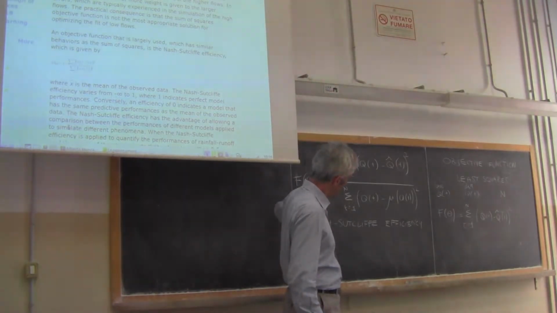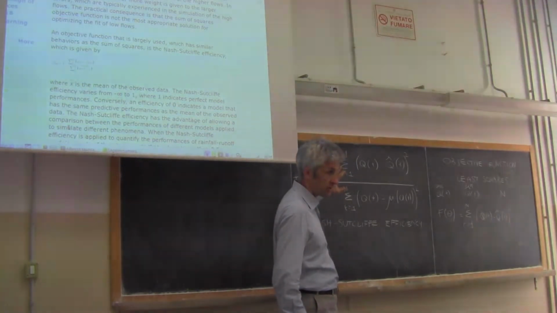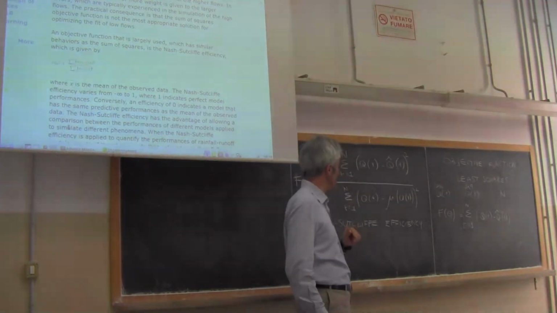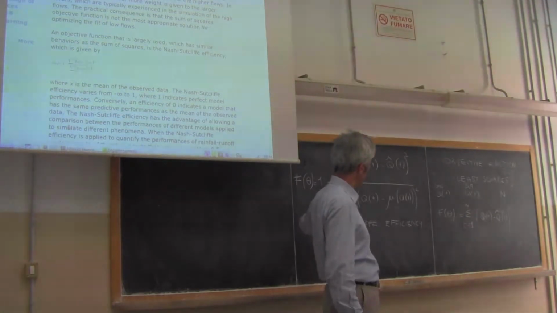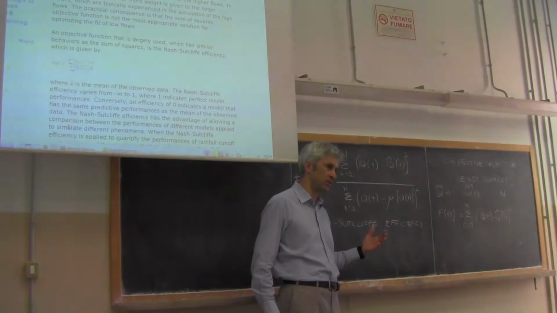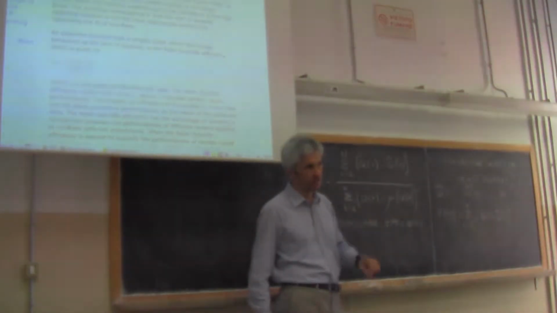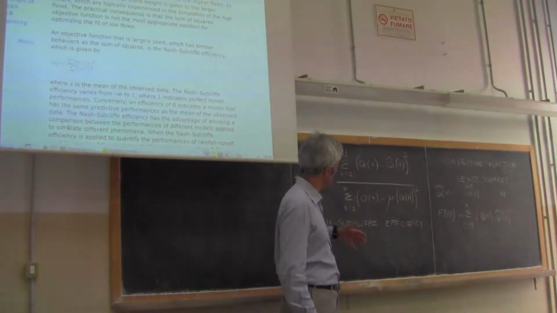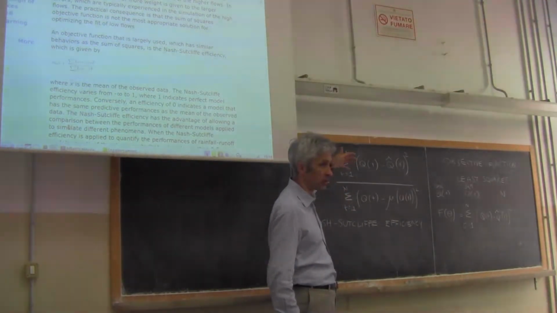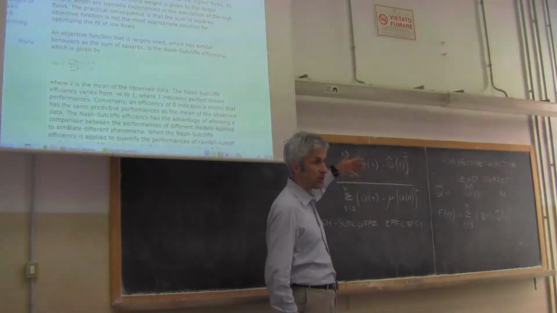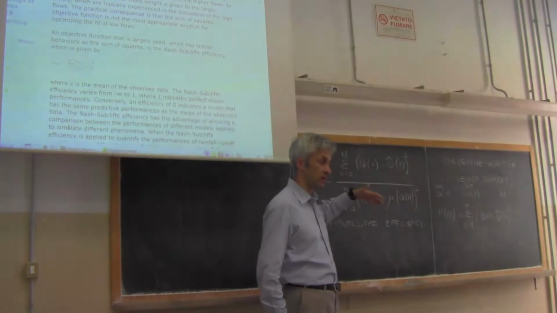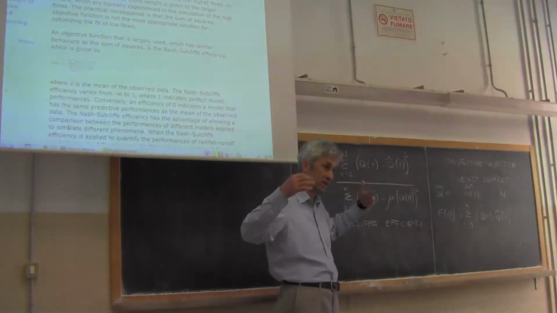Anyway, let me technically clarify what this objective function means. First of all, let's look at the denominator. What is the denominator? The denominator represents, as I said, the square difference between each observation and the mean. And what does it mean if the sum of the model errors is the same value as the sum of the observation deviations from the mean?